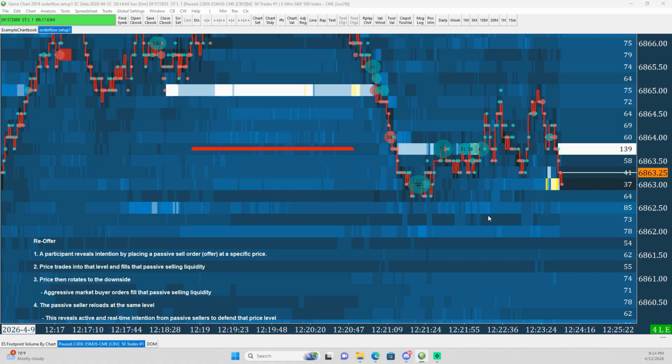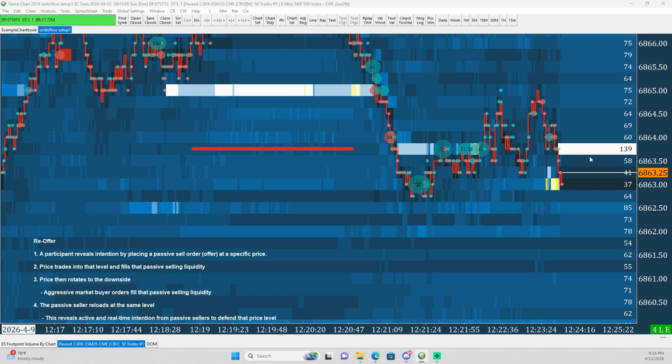So at this point, we understand that aggressive buyers have filled the passive selling liquidity at 6863.75. Buyers attempted to push the value of price beyond this location. However, price moved back under 6863.75 to where this level is now being reoffered.